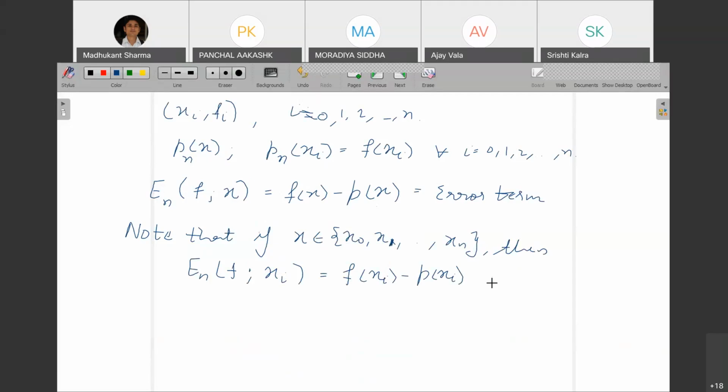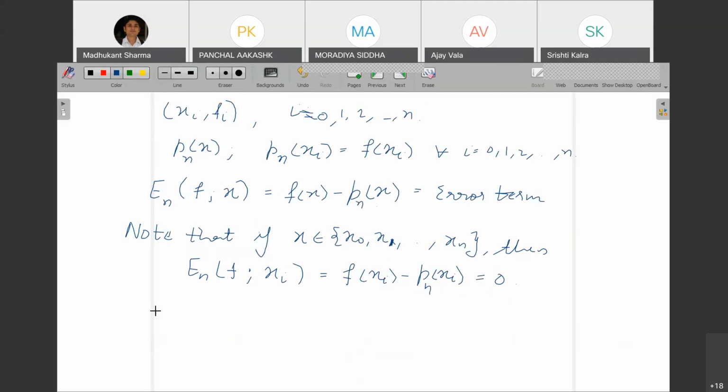But the interpolating polynomial of degree at most n exactly fits this data, so f of xi and p of xi are the same, and this is equal to 0. So there is no error at the given data set.